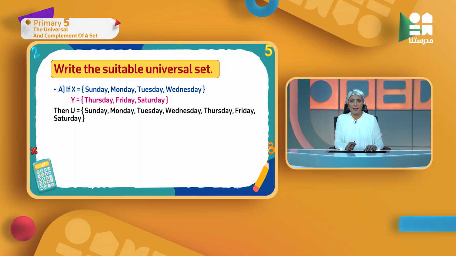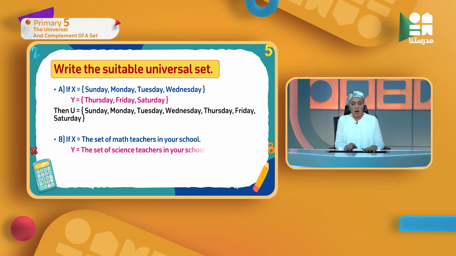Now let's move to another example. If X equals the set of math teachers in your school, meaning X consists of all the math teachers in your school, and Y equals the set of science teachers in your school.